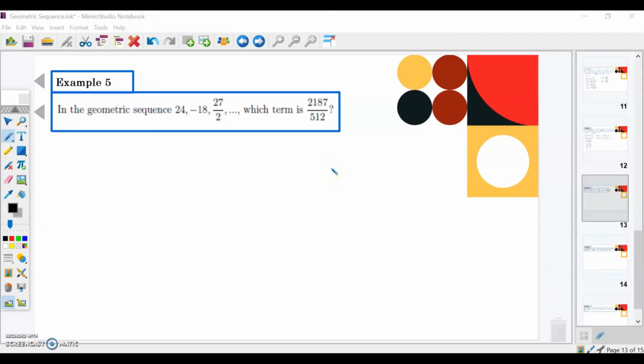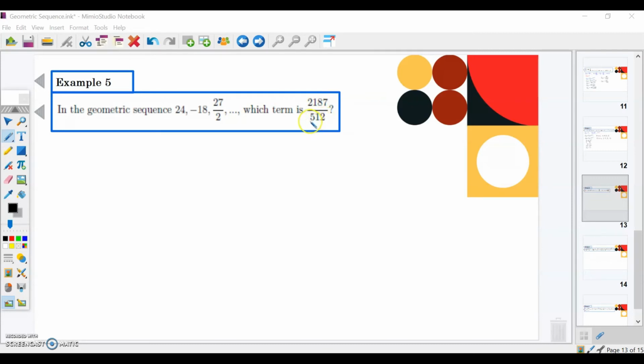But what if we are given a term and we're being asked to find the position of that number in the sequence, just like this one? In the geometric sequence 24, negative 18, 27 over 2, and so on, which term is 2,187 over 512?